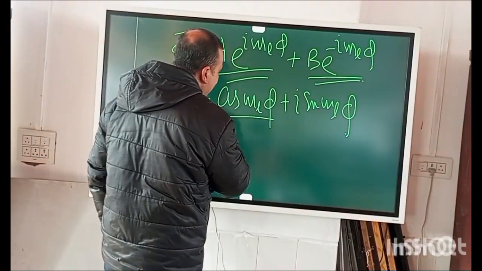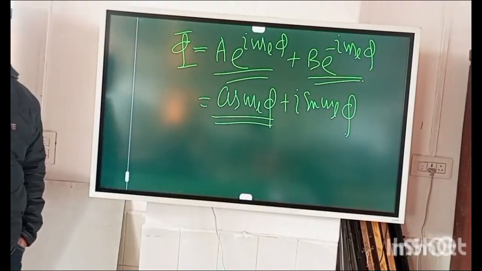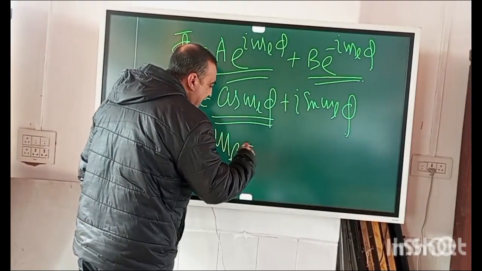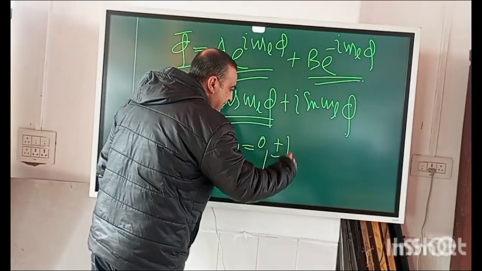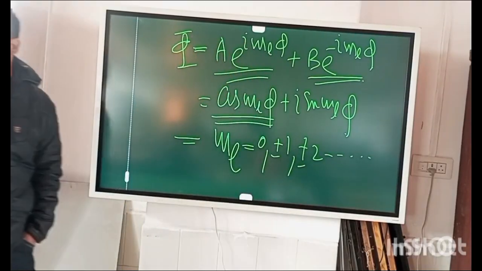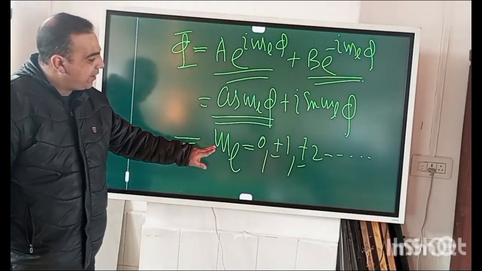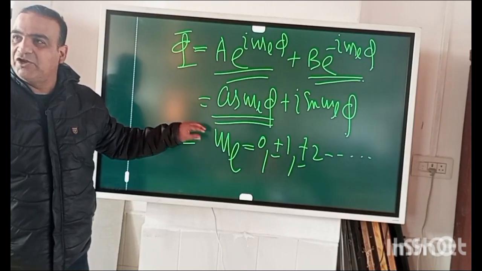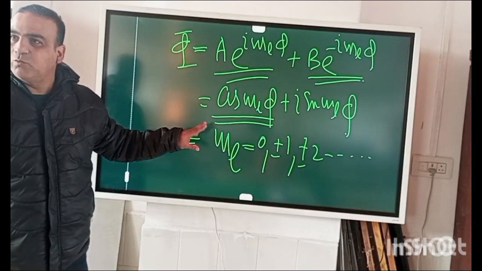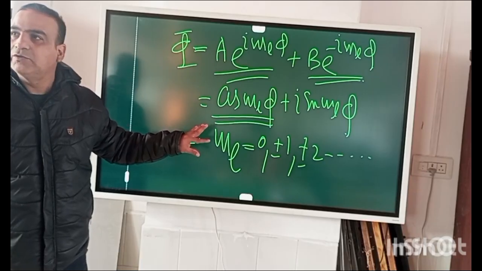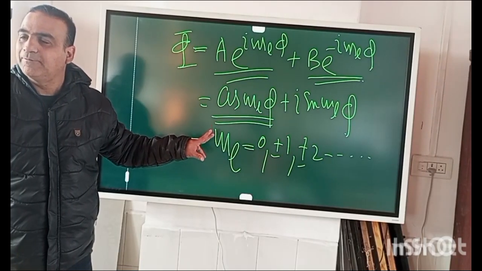So this term will give us the value for ml equal to 0, plus minus 1, plus minus 2, and so on and so forth. So the value of ml can be 0, plus minus 1, plus minus 2, and so on, so forth.